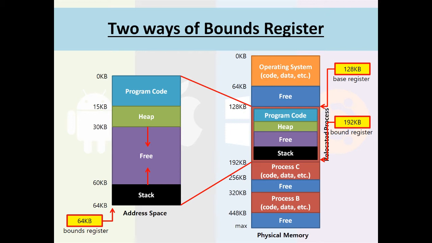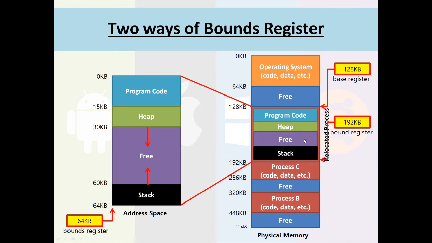So if you wanted to calculate the physical bounds register, you could just take the physical base register here, the 128 value, and add it to the bounds register within the address space, which is 64. So 128 plus 64 gives you 192. And in the same way, you could take this physical bound, the pointer to the end of a process within physical memory, so 192, and subtract 128 from it, and then you get 64.